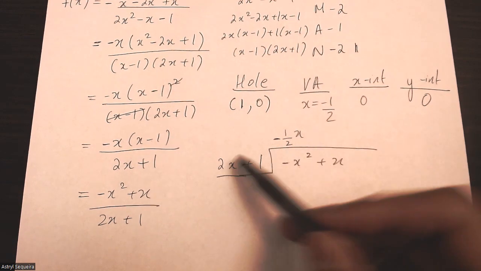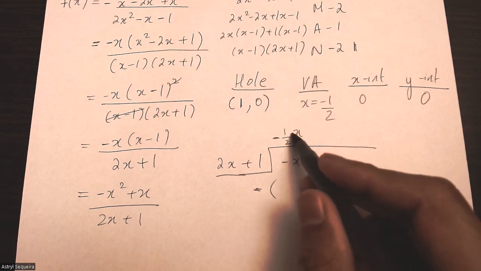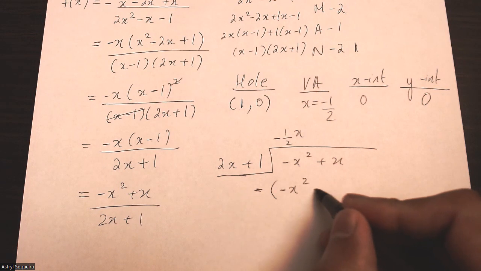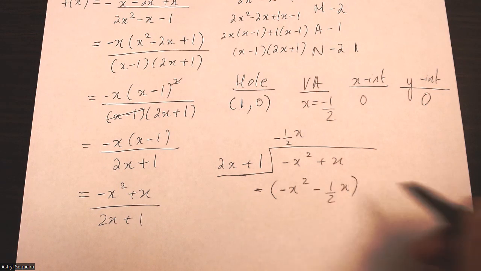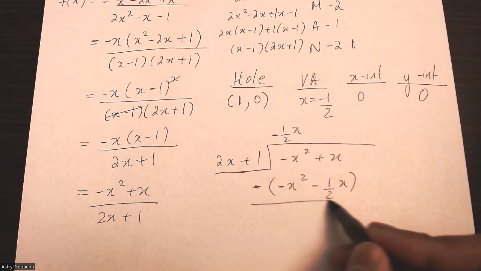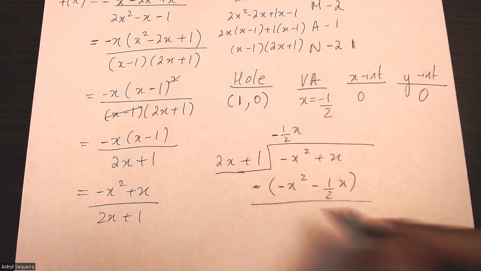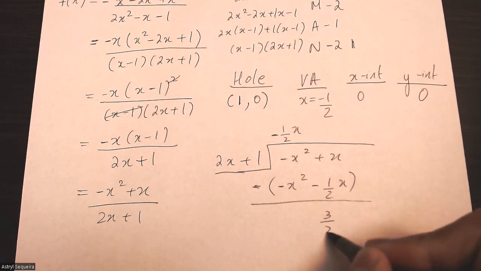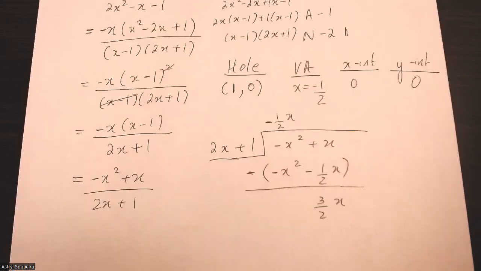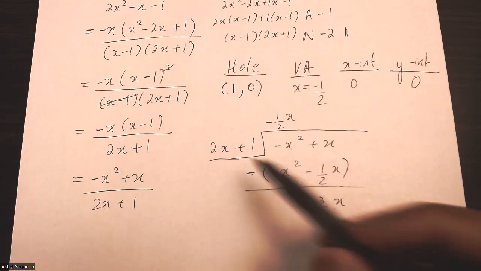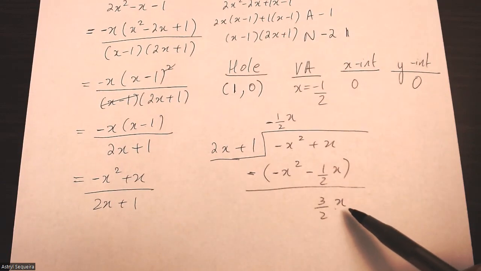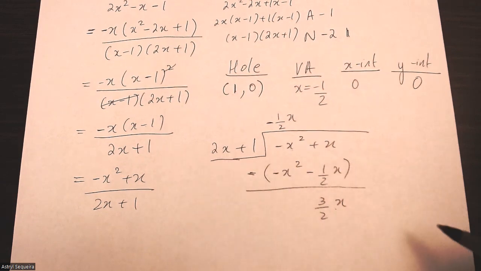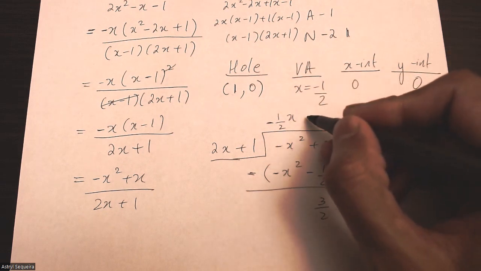Negative x squared plus x, divided by 2x plus 1. So negative x squared divided by 2x is just negative 1 over 2x. I'm going to multiply this with this and subtract it over here. This times this is just negative x squared, and this times this is negative 1 over 2x. x minus negative 1 over 2x is just 3 over 2x. Nothing to bring down, so now I just do this divided by this. So 3 over 2x divided by 2x is 3 over 4.